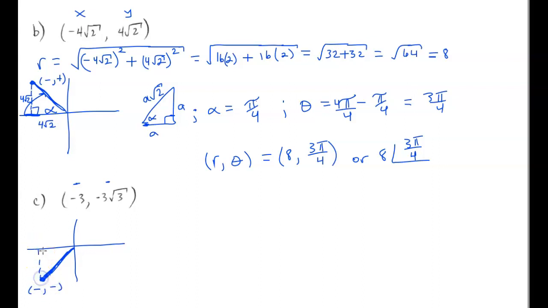And we can form a right triangle here. Let's use a reference angle alpha, and I'm going to say that this is the actual angle theta that I want here.